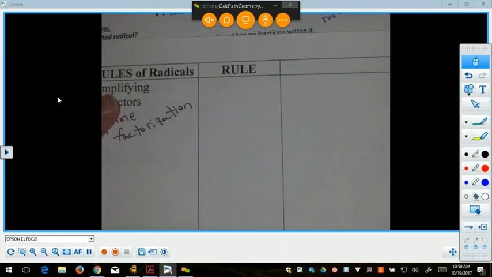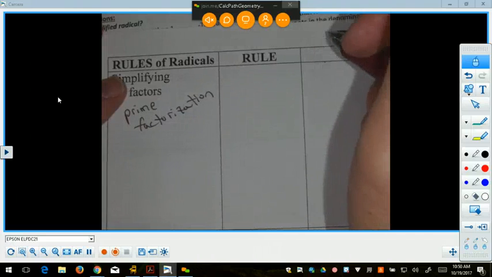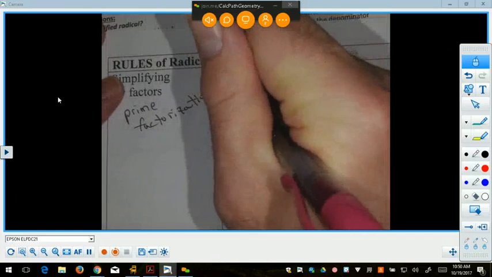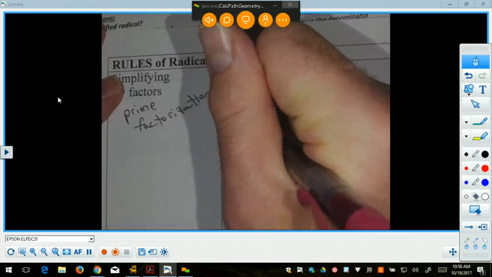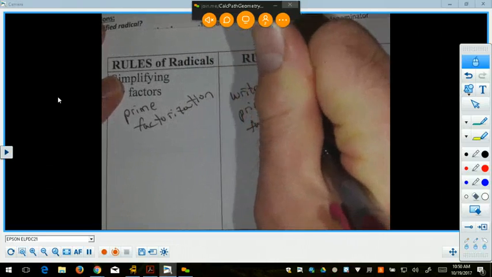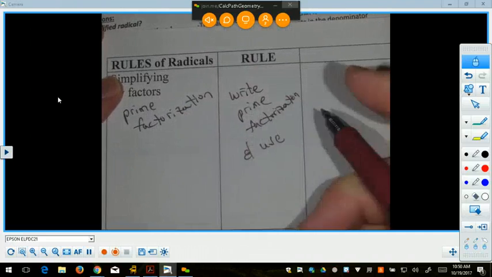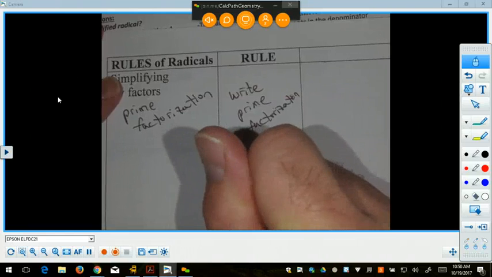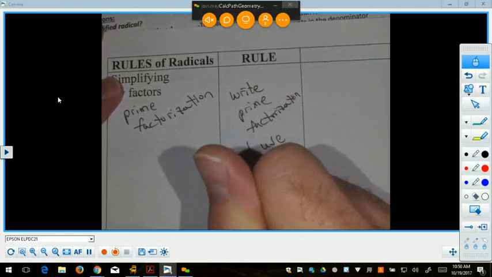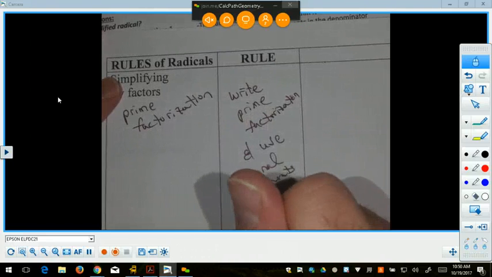Here's how prime factorization works. I'm going to write the prime factorization of the number, and then use rational exponents, fractional exponents, to reduce.